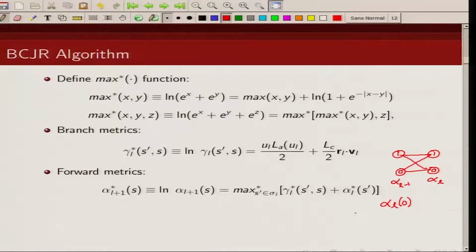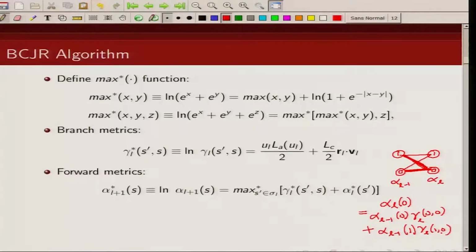Recall there are two branches terminating here, one is this one, the other is this one. So alpha 0 will be alpha L minus 1 0 times the branch metric corresponding to this, which will be gamma 0 0, plus alpha L minus 1 1 times this branch metric, which is gamma 1 0.